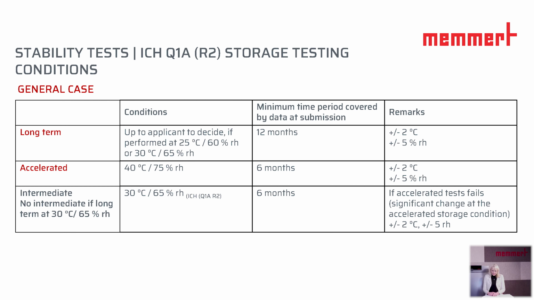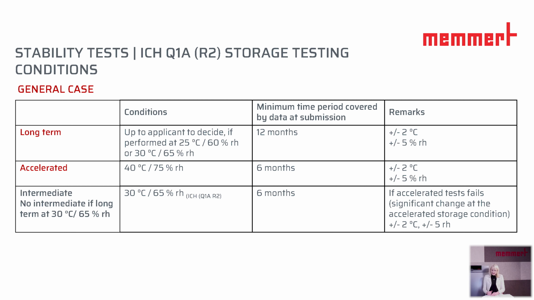The minimum time period covered by data at submission should be 12 months, and it must be in a limit of plus minus 2 degrees and plus minus 5% RH. At least 3 primary batches at the time of submission will be tested, and the testing is every 3 months the first year, and then after the registration process you have to go on, of course, with testing.